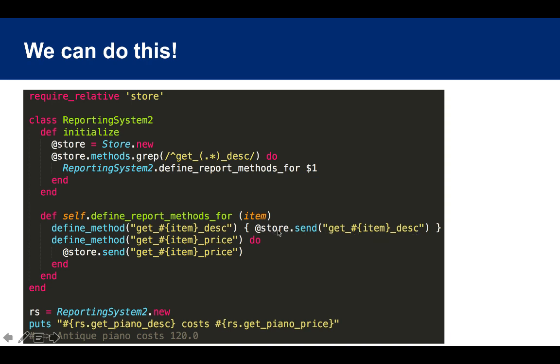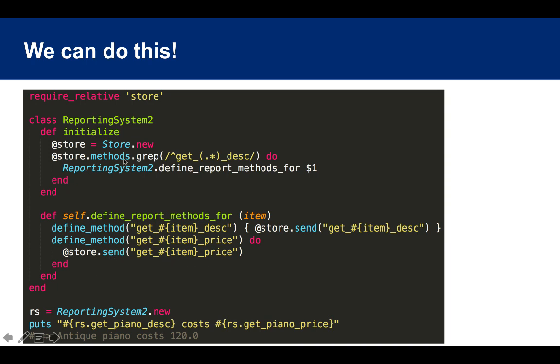In this case, store.send: send a message to the store for that same name. In the case of the price, it's the same, just in one case you're doing a block with curlies, and in the other case you're doing a block as do...end, store.send get_item_price.